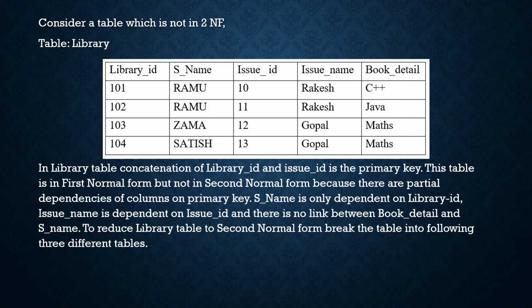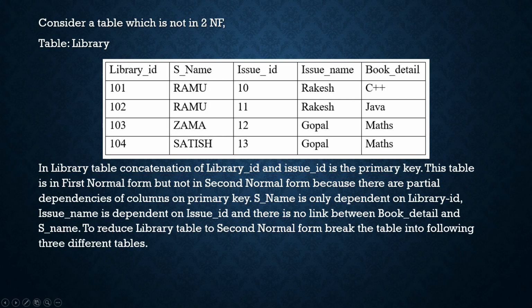In the table, the concatenation of library ID and issue ID is the primary key. Consider these two columns, whose combination will form a primary key.